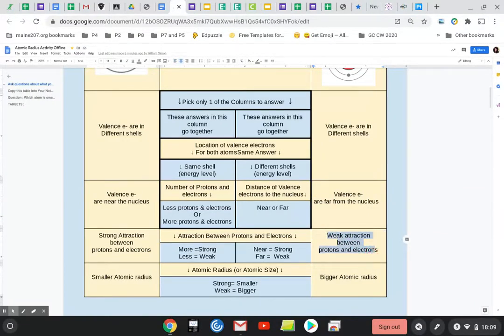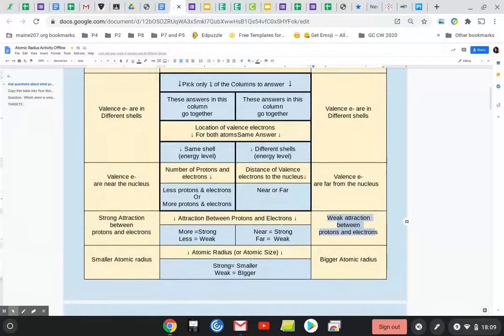Yay, we're almost done. Now that we know about their attraction, we're going to decide how the sizes of their atoms, or the atomic radius, will compare. If there's a strong attraction, the atom will be smaller. And if there's a weak attraction, the atom will be bigger.